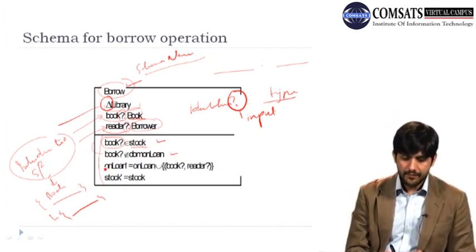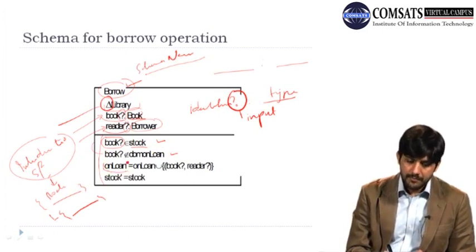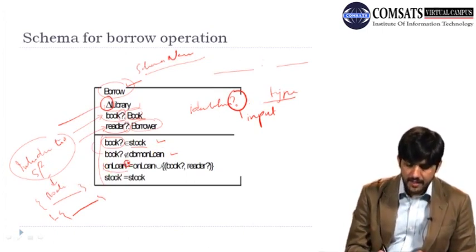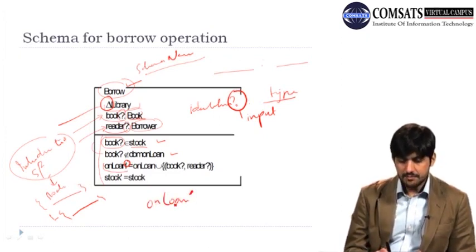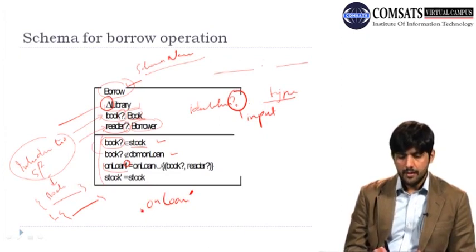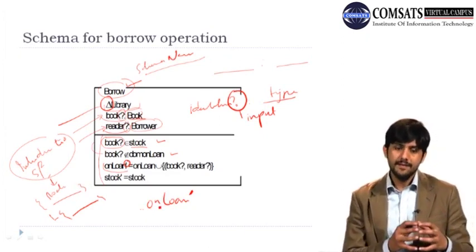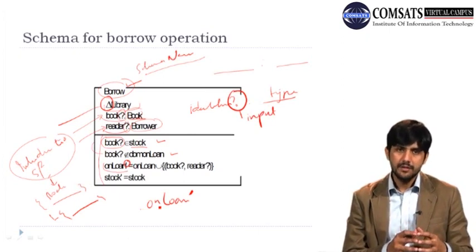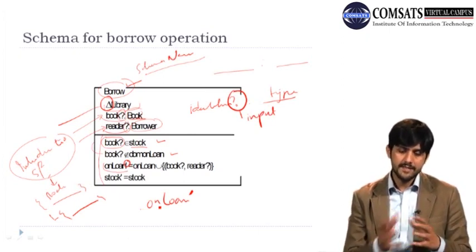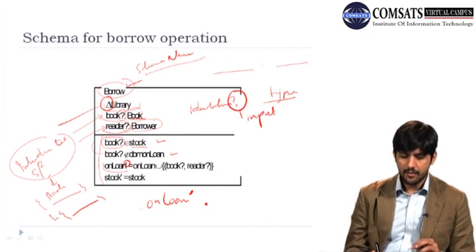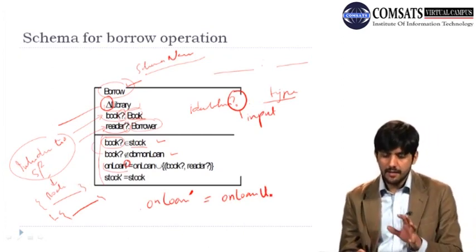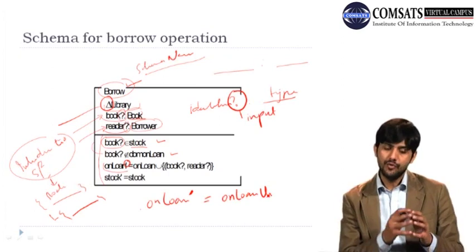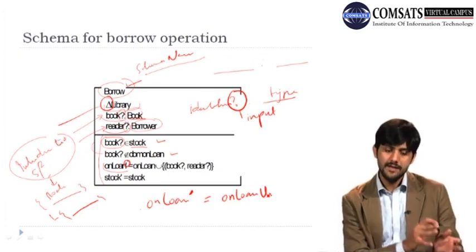And then I'm saying on loan prime, there is this small prime sign here. So it says on loan and this symbol here. This means that my on loan set is going to change, or my state is going to change. So I'm saying that on loan prime is equal to on loan union, so I'm adding to my set of on loan books another book and a reader.